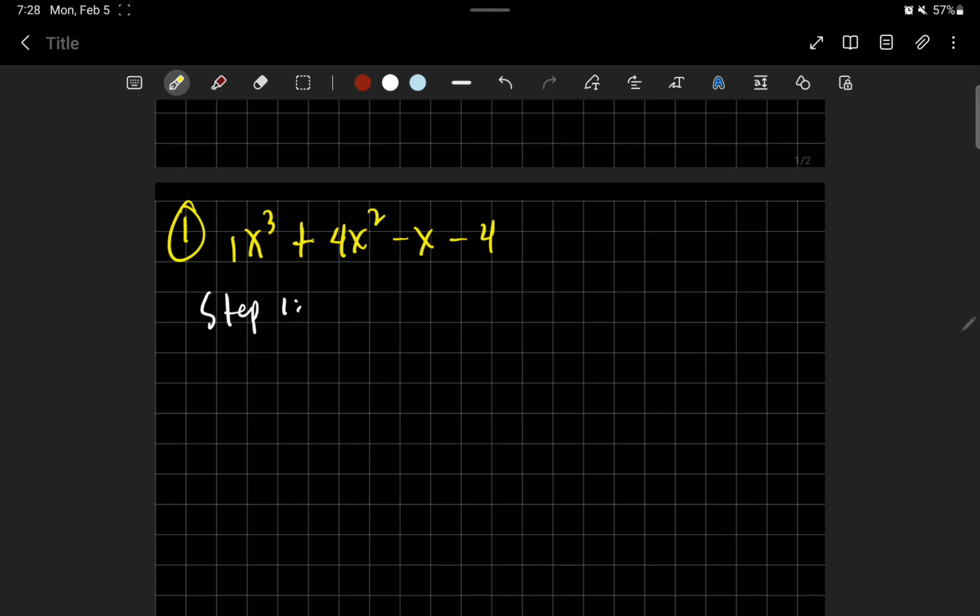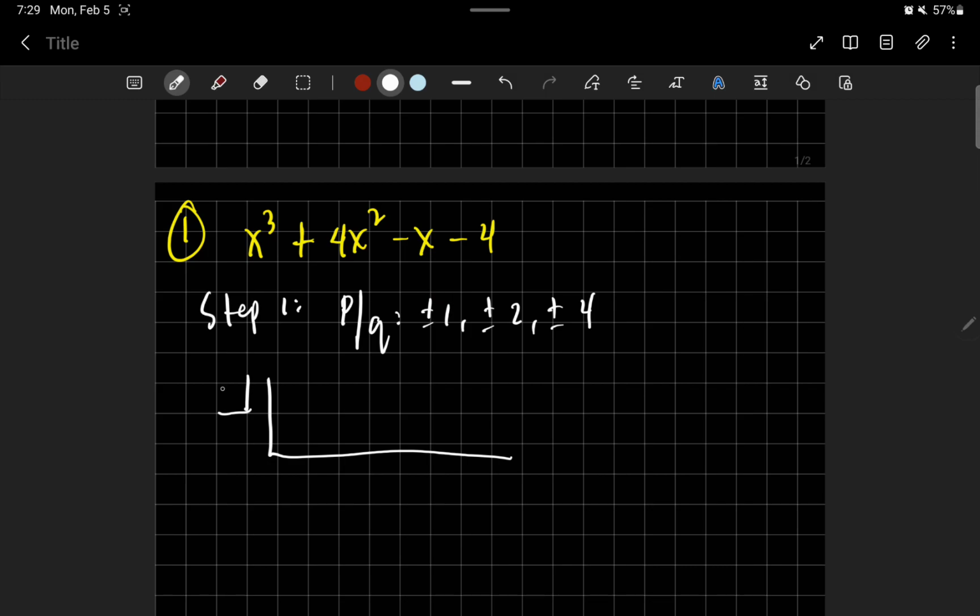Since 1 is the leading coefficient and negative 4 is the constant, therefore, according to the corollary of the rational root theorem, all our P over Q is the same as P. So that is positive and negative 1, positive and negative 2, positive and negative 4. Then, after you've determined all the possible rational roots, you have to use synthetic division.